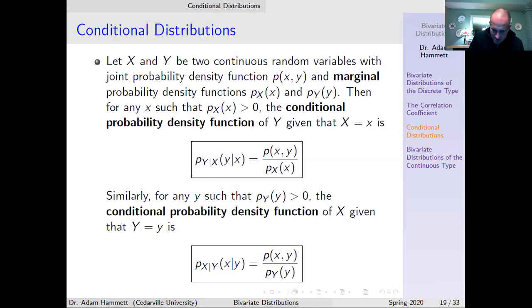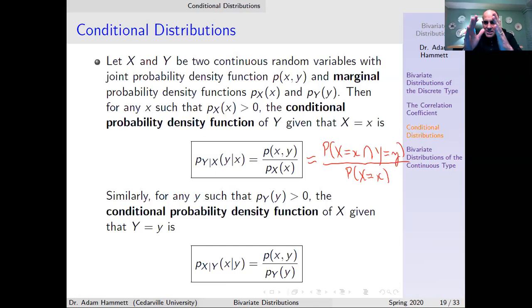And this kind of makes sense because what's upstairs is really like the probability that X is equal to little x and Y is equal to little y. And what's on the bottom is basically the probability that X is equal to little x. It's just like what we've done with conditional probability before. We now know that we're on the event that capital X is equal to little x, and now we need to compute the probability of Y given that new information.